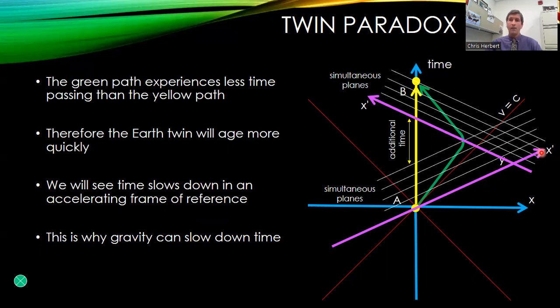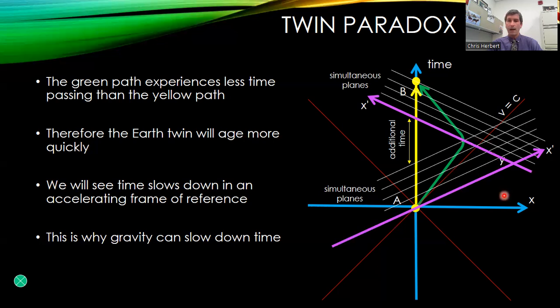Okay, then after visiting Alpha Centauri, taking lots of pictures, we're returning, we have a new frame. Now we're moving in the opposite direction, okay? Remember, we can switch back and forth, forward or backward here. So when we do the transform, this would correspond to a relative positive V. This would correspond to a relative negative V. So there are 3 frames of reference here.